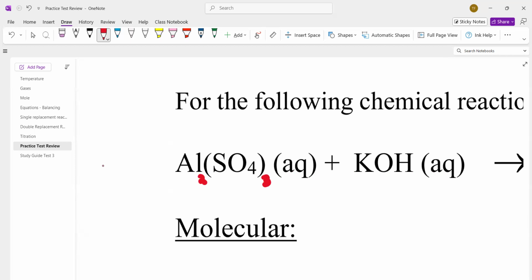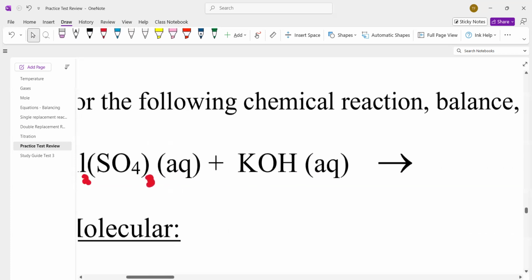Okay, so is anything going to happen here? This is a double replacement reaction. So we have ions only, no metals involved. So we're going to exchange the cations and see if a reaction is going to happen. So the potassium is going over, the aluminum is going over to the OH.